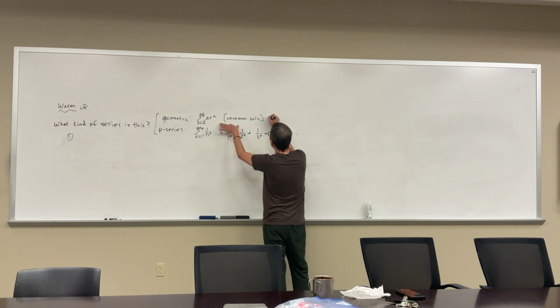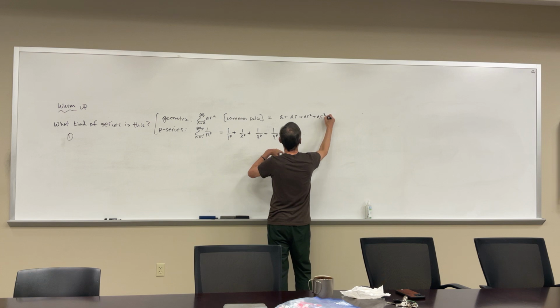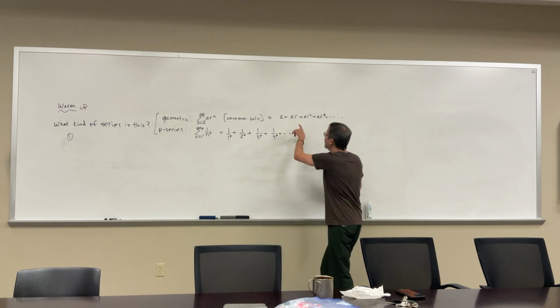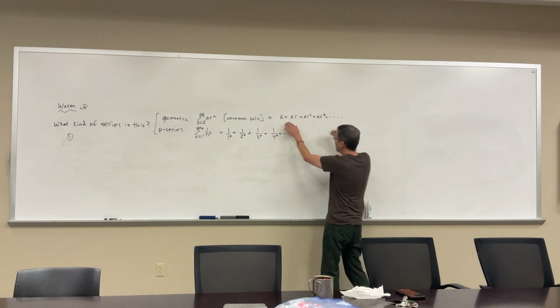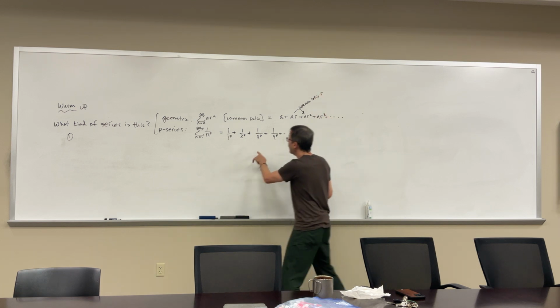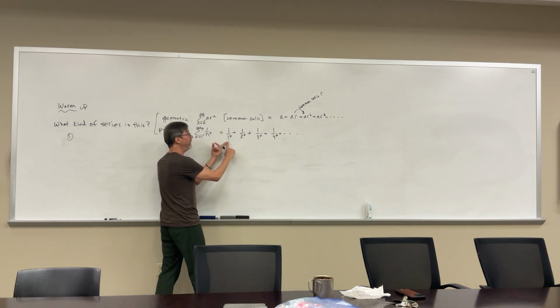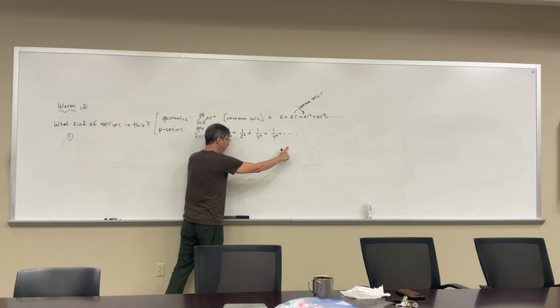As opposed to a geometric series where we've got a plus ar squared plus ar cubed. Notice that here the power is changing. And how do we identify that? We're looking for a common ratio between all the terms. So we have this common ratio r. Down here, we have the denominator being raised to a consistent power.